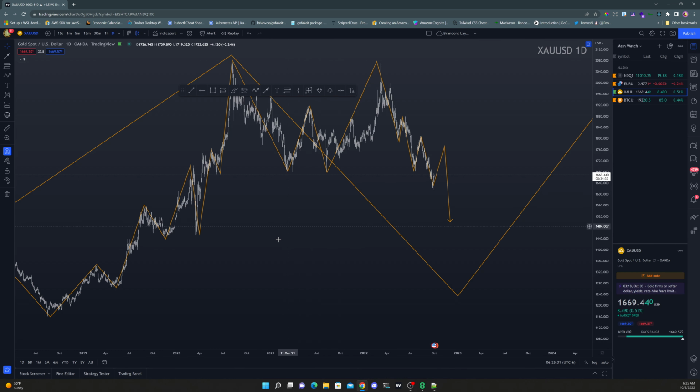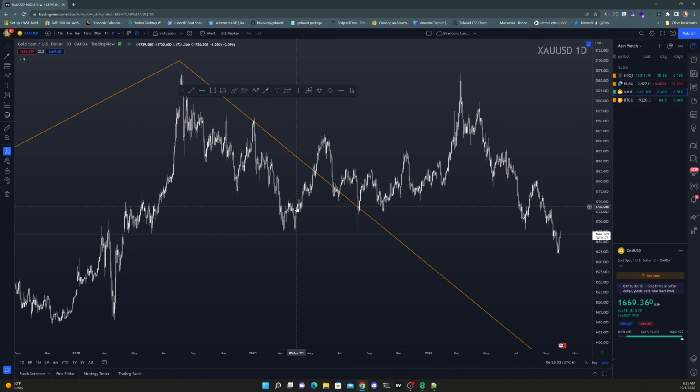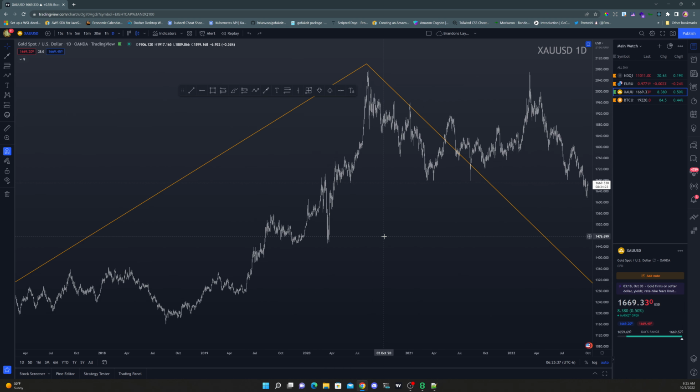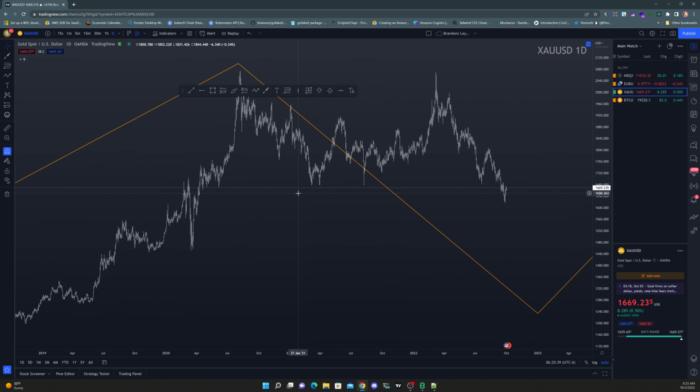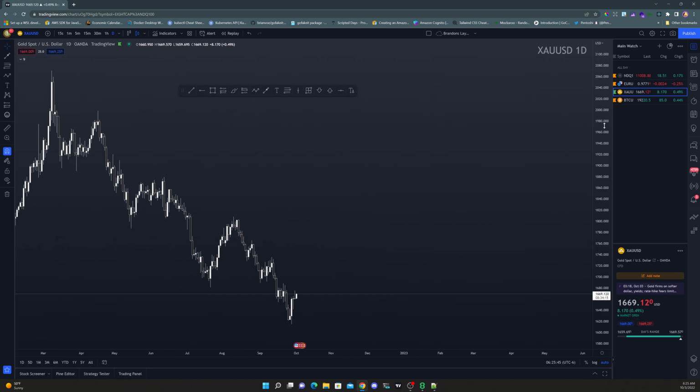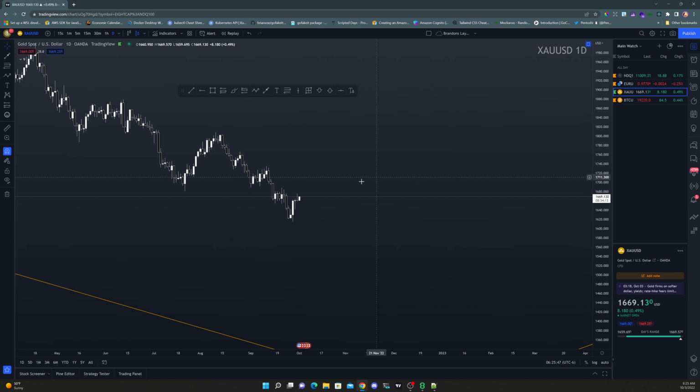So if we're looking at this like that, then, oh my goodness, it just doesn't look very good. Price action, so we could say something like this.